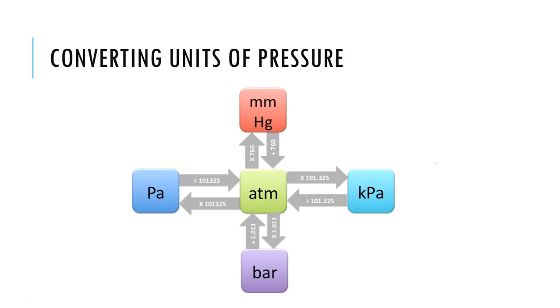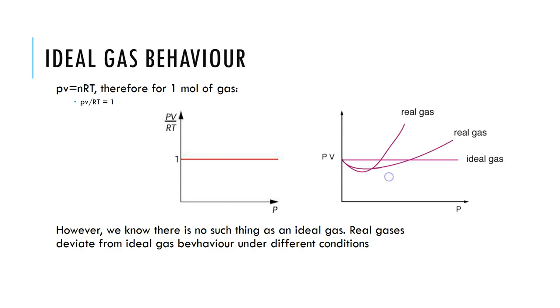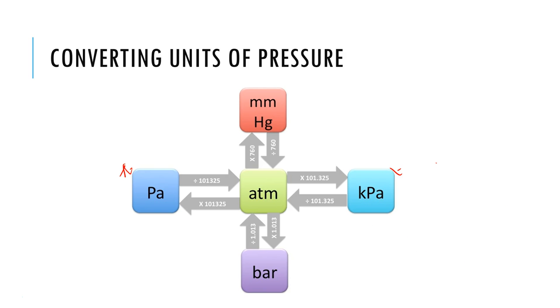Just a note on pressure, this gives you some of the conversions. We're interested primarily in pascals and kilopascals. One of the ones more commonly used, particularly when you get to university, is atmospheres. 1 atmosphere of pressure, 1 ATM, is the pressure at sea level.